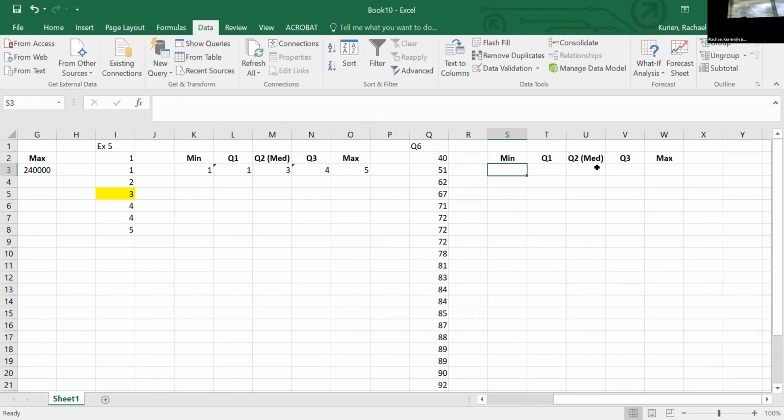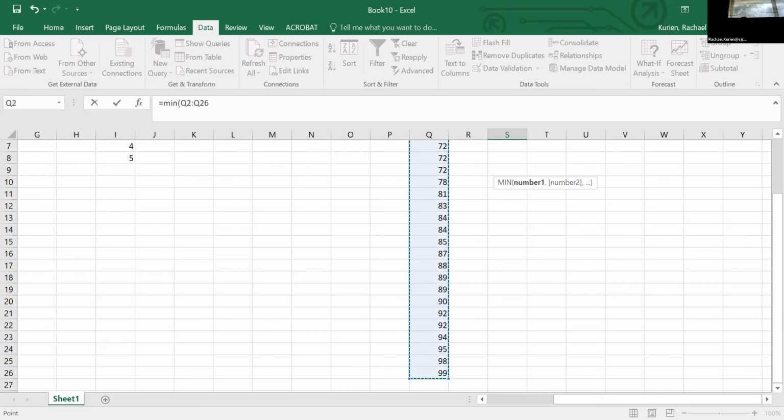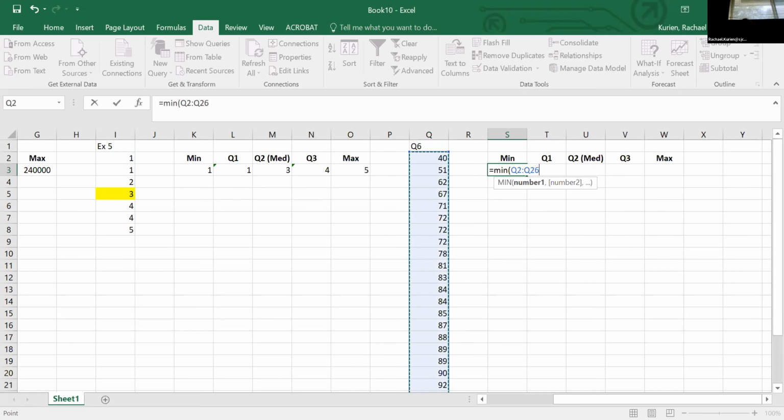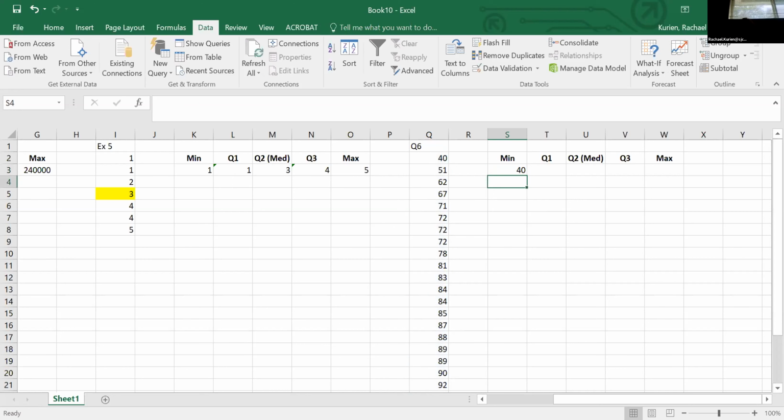So let's find our min. Highlight it, find our min, hit enter. You can see that is the smallest number. Let's find our max.